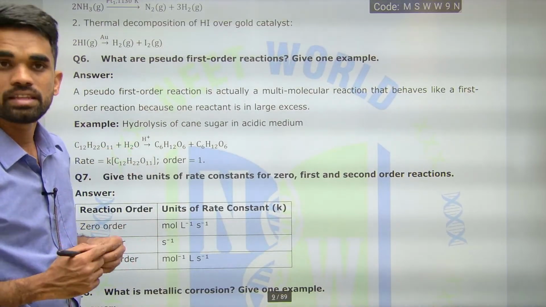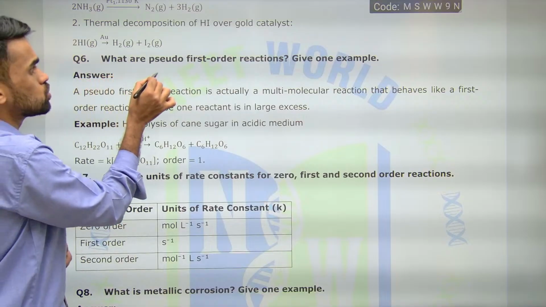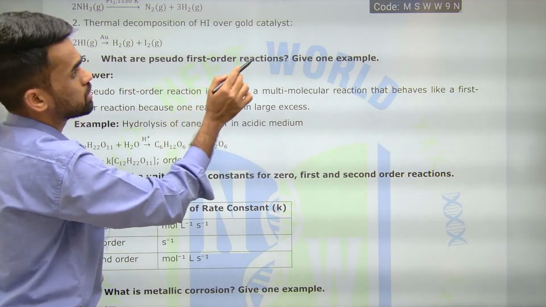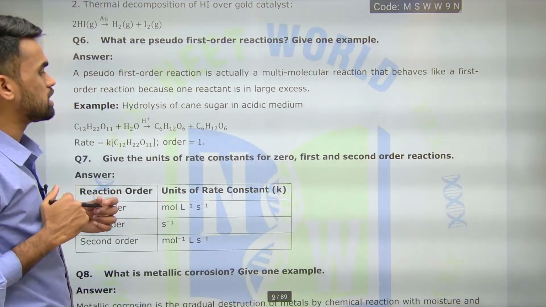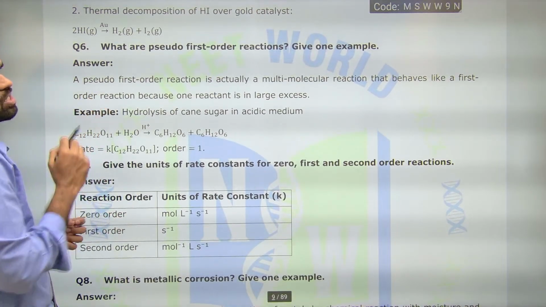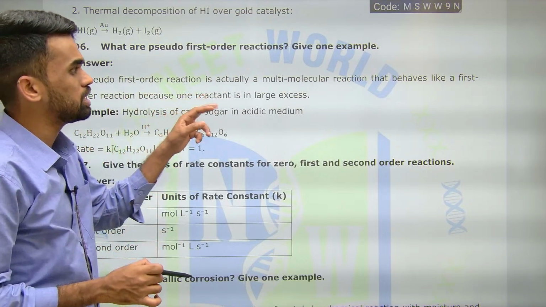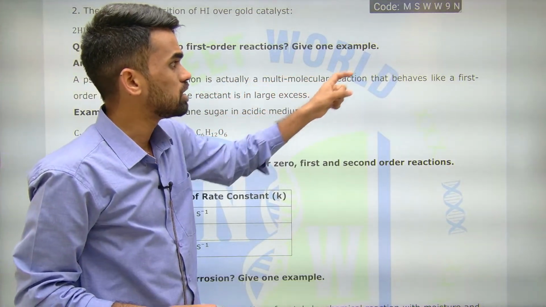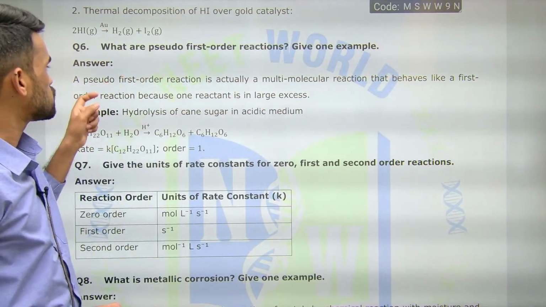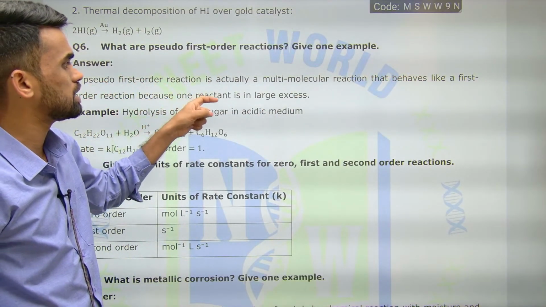Right. Then next, what are pseudo first order reactions? Give one example. You just read this. A pseudo first order reaction is actually a multimolecular reaction that behaves as a first order reaction because one reactant is taken in large excess.